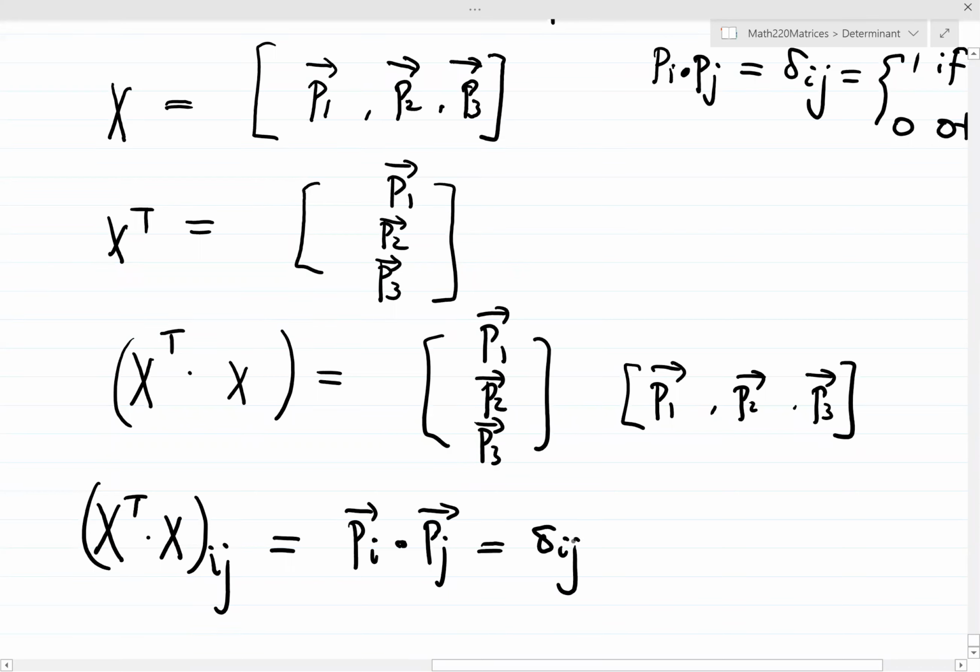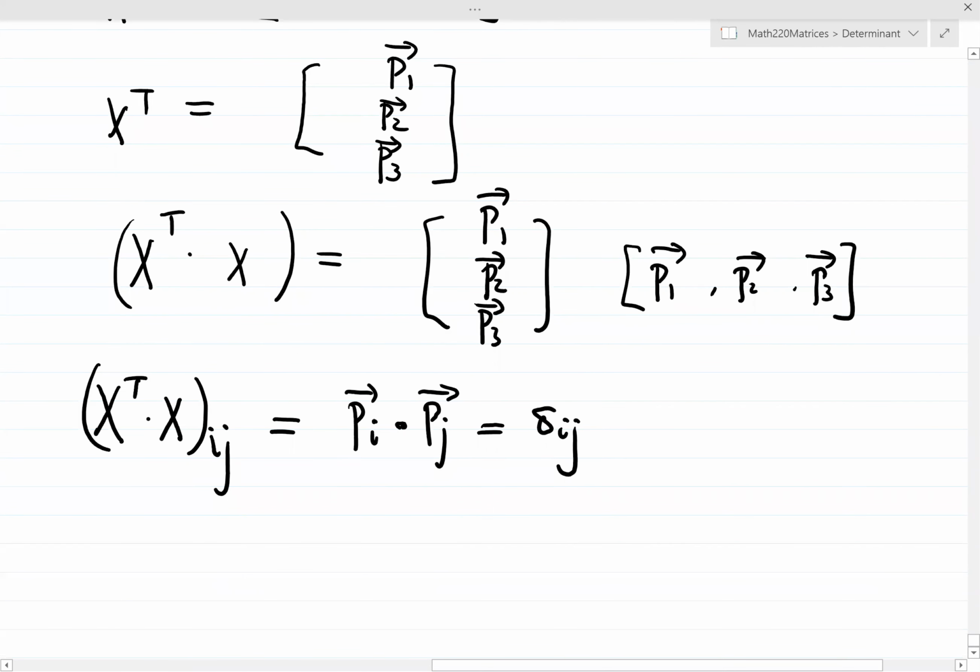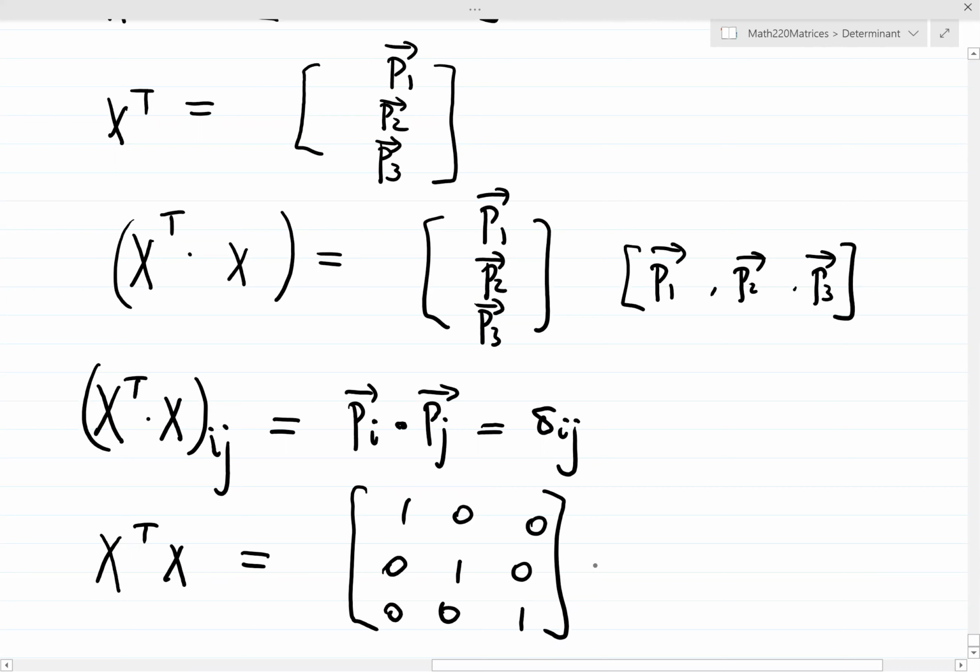If i equals j, this is 1; if i differs from j, this is 0. So we get 1 on the diagonal and all other entries 0. This is nothing else but the identity matrix.